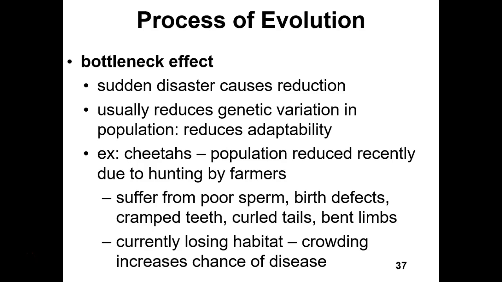And so one example of this is the cheetahs. They were hunted so much that they killed off the population. So now all cheetahs are almost identical. They are so genetically similar that even producing offspring is hard because it's basically inbreeding.